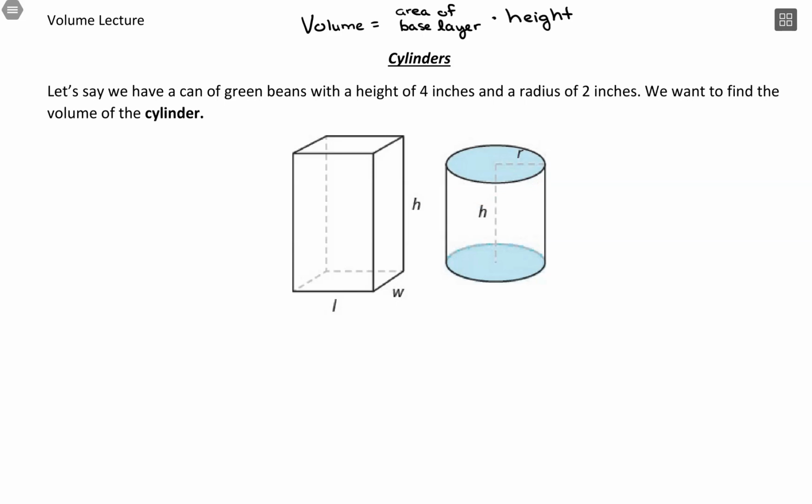So that's what I'm talking about here, thinking of this cut that's going to be the same no matter where I do it. It'll have the same shape. In the case of a cylinder, that shape that's coming through is a circle, and so that would be our base layer for this one. So if I think of this base down here, just one slice, we're getting this circle coming through.